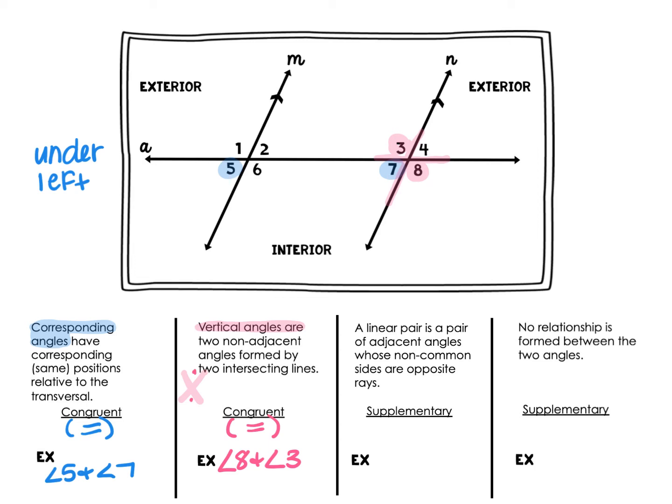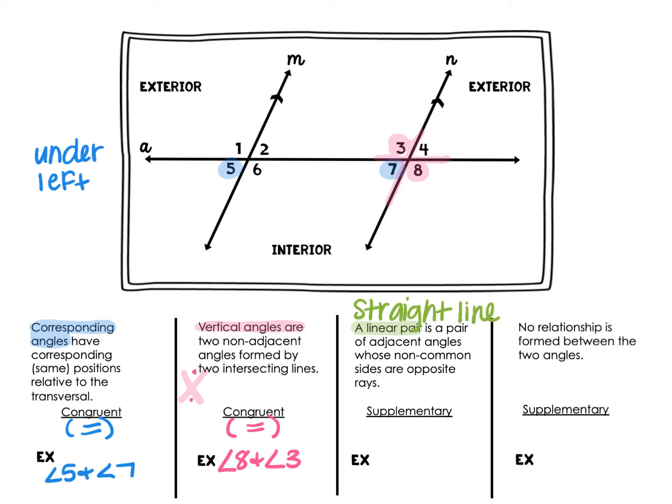The next type of angle we're going to look at is a linear pair. A linear pair is a pair of adjacent angles, which means they are right next to each other, whose non-common sides are opposite rays. All that means is that they make a straight line. These angles come together to make a straight line.